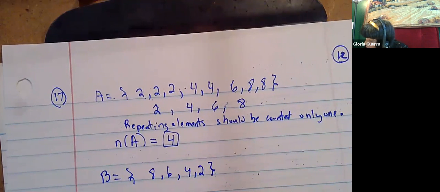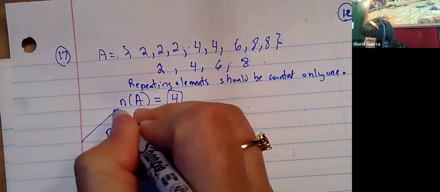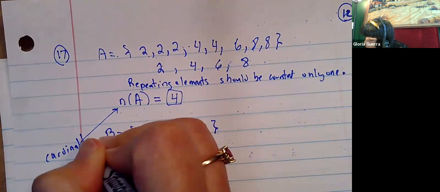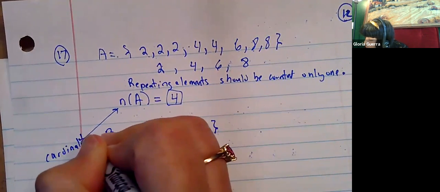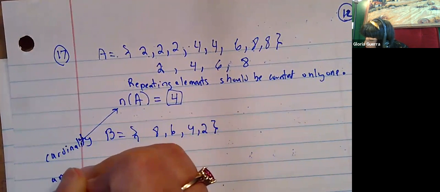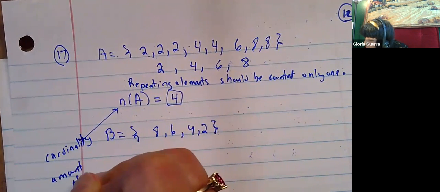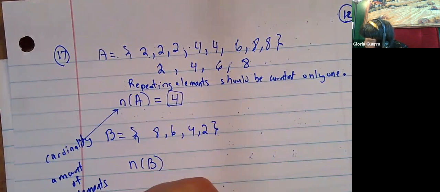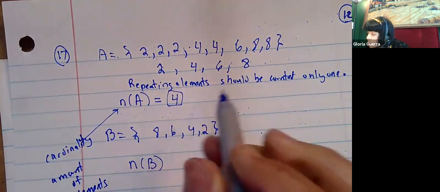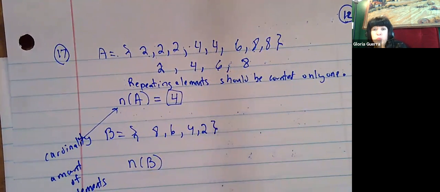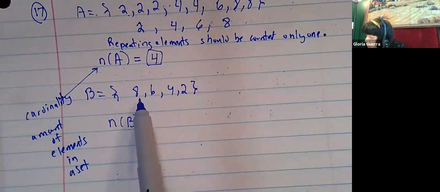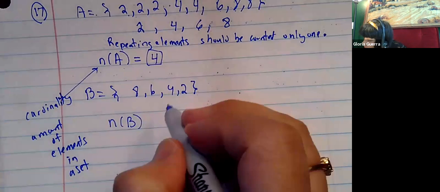Okay, so N of B, remember that stands for cardinality, which is the amount of elements in a set. And remember that you can only count them once. If they repeat, you can only count them once. So for B, I have 1, 2, 3, 4.